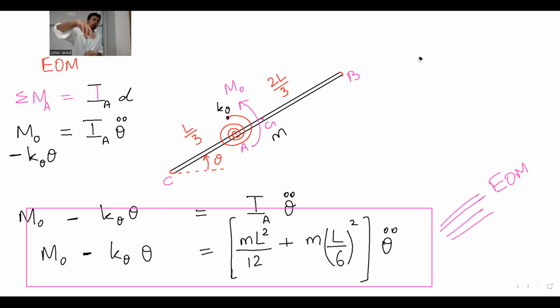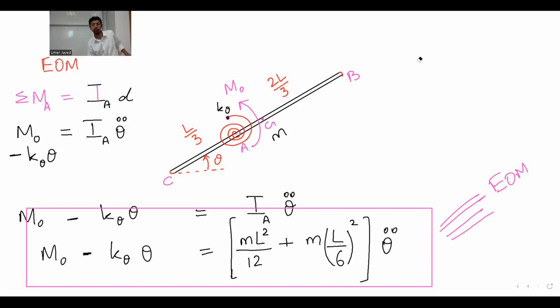Now, if you disagree with it and say we don't need to give an initial condition because I already am applying a moment, well, I agree with you. So let's say, forget about the initial condition. The fact that I'm applying a constant moment on the system will be for sure enough for the system to oscillate, do whatever it wants to do.